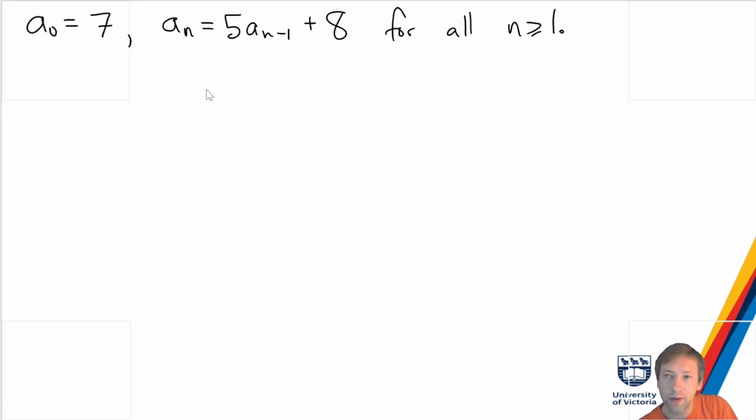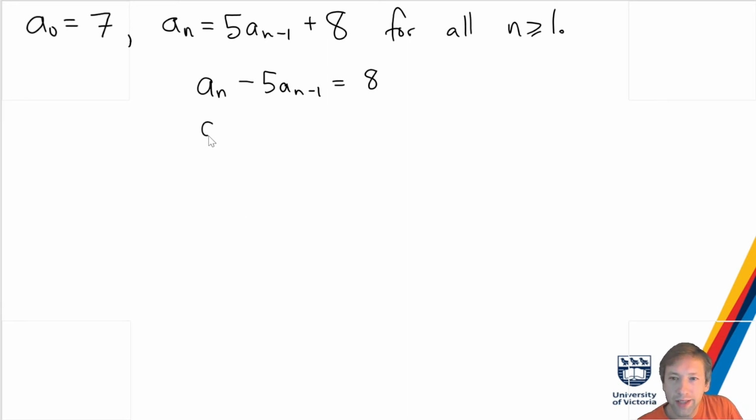Okay, so let's start by setting it up like before. We're going to take our recurrence equation here and put the A_n and the A_{n-1} on the same side. Now we want to set up this telescoping thing.